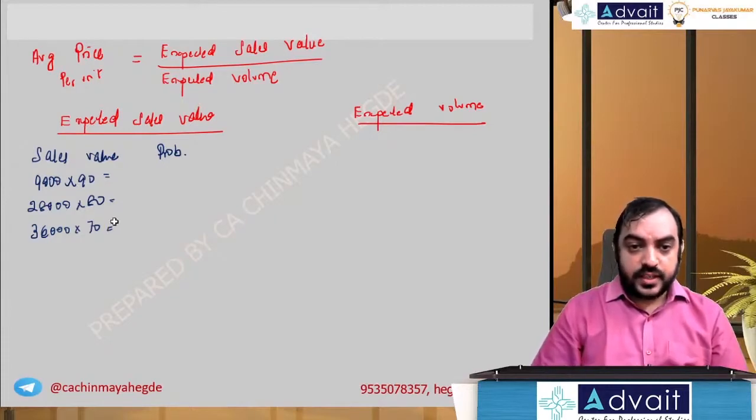9,000 into 90, 8 lakh 10,000. 28,000 into 80, 22 lakh 40,000.